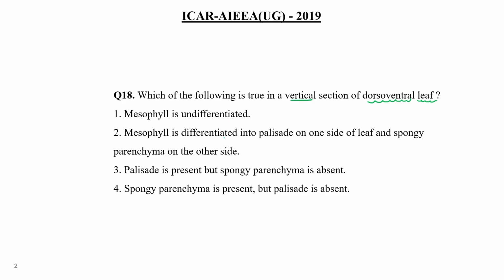Mesophyll is differentiated into palisade on one side and spongy parenchyma on the other side. Palisade tissue is present but spongy is absent. Spongy is present but palisade is absent. Dorsiventral, this is the characteristic feature of dicot leaf. Right? So what is the correct answer? Quickly tell me the right answer.